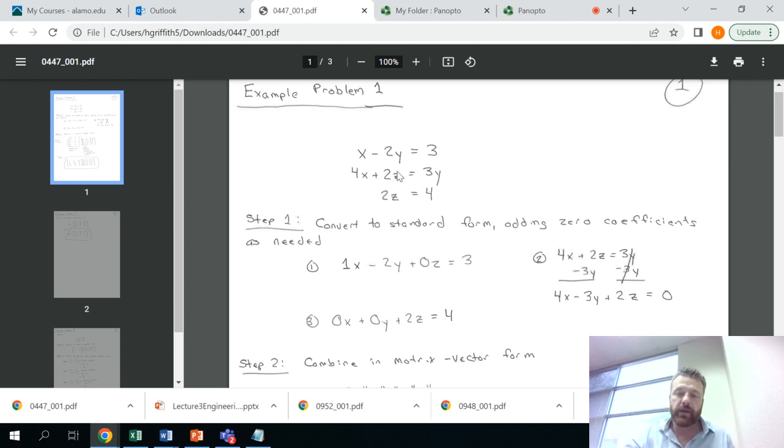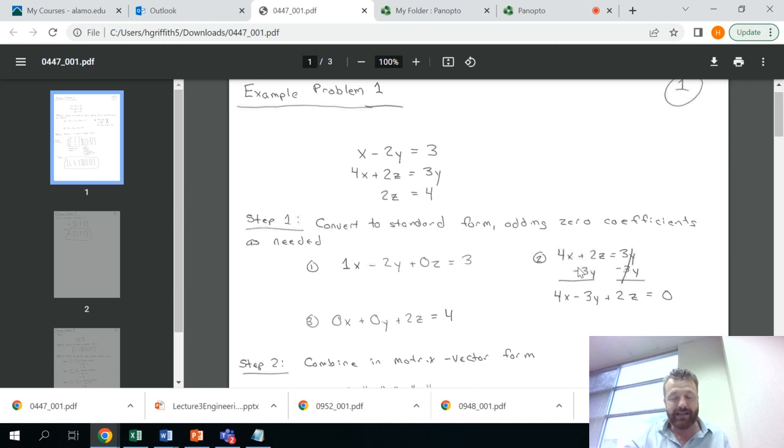What about equation 2? Well, if you look at equation 2, it's not in standard form because the variables involving x and z are on the left, and the variable involving y is on the right. So the first thing that I want to do is transition that term involving y to the left side. If I have a plus 3y on the right, the way that I eliminate it is by subtracting 3y. In an equation, I can always subtract something from one side of the equation as long as I do it to the other as well.